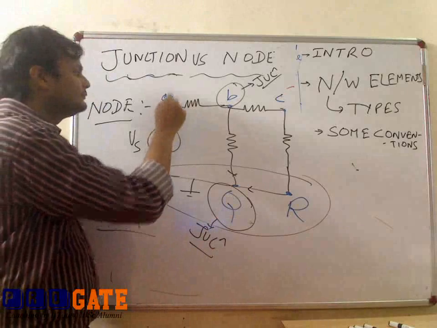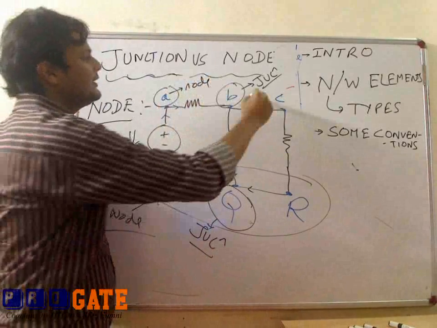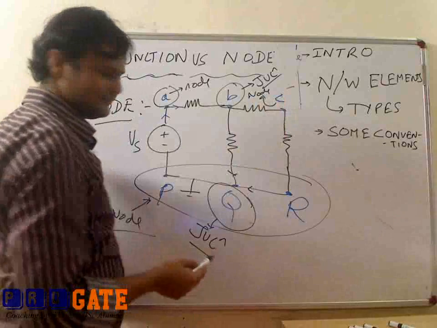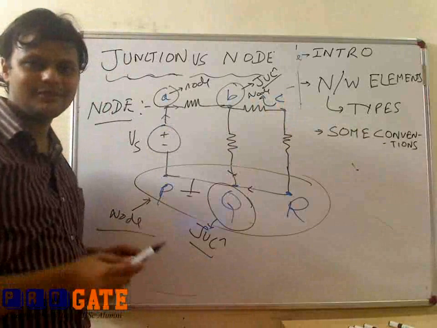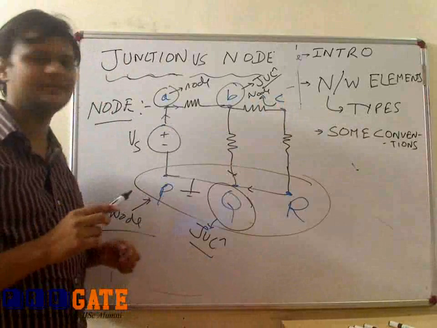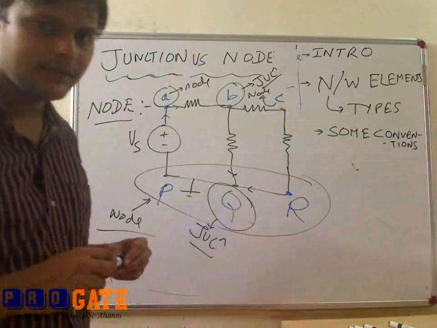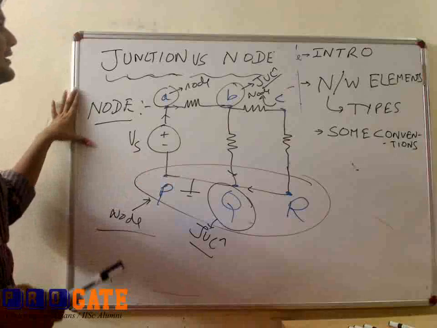A is a node. B is a node. C is also a node. So we have 1, 2, 3, 4 nodes, but 2 junctions in this network. Is this concept clear? Yes. So this is the basic difference between node versus junction.